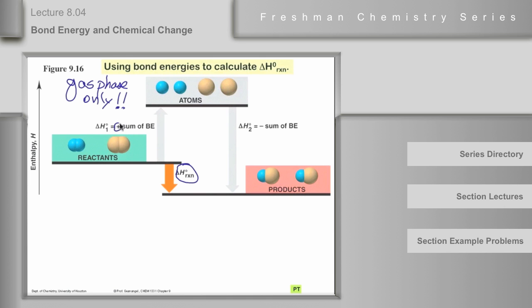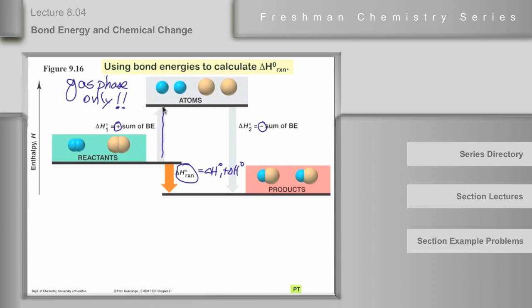And the second thing: this plus sign here is because breaking bonds costs energy. Okay, so that's endothermic. The second thing, we let the atoms come together and form new bonds, that's exothermic, so there's a negative sign there. So delta H reaction is equal to delta H1 plus delta H2.